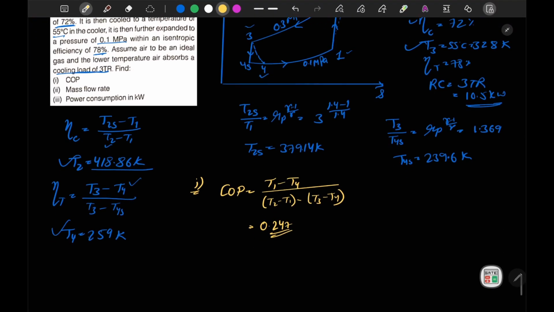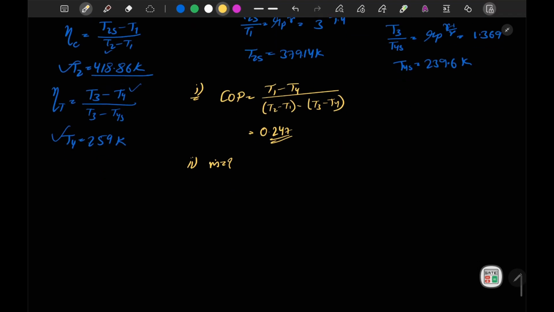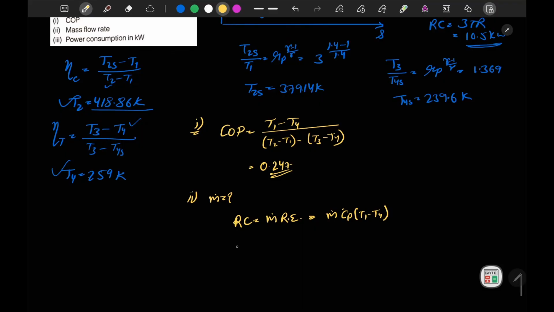Okay, since we have solved the first part, let's move to the second part, that is our mass flow rate. So we know that our refrigeration capacity is given, and refrigeration capacity is given by mass flow rate into refrigeration effect, that can be written as m dot into Cp times T1 minus T4. So from here I can calculate this. RC is given as 10.5 is equal to m dot into 1.005 into T1, T1 is given by 277 minus 259.